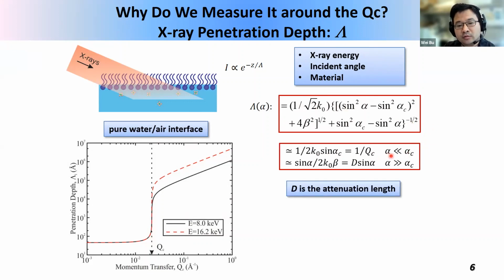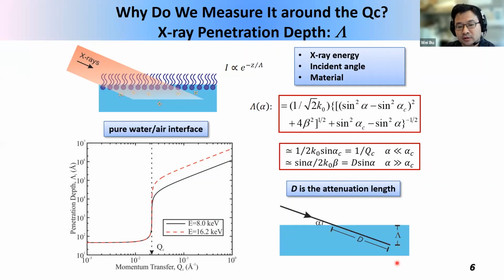One extreme condition is when alpha is much smaller than alpha C, and the penetration depth equals 1 over QC. The other condition is where alpha is much larger than alpha C, and penetration depth equals D times sine alpha. D is the attenuation length. So basically at a large angle, penetration depth is the attenuation projection along the Z direction.